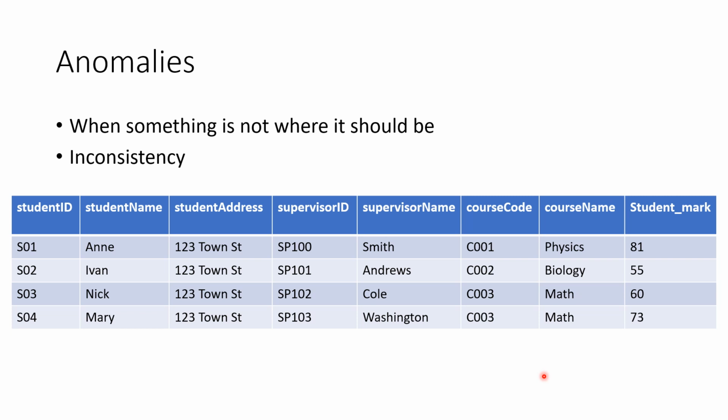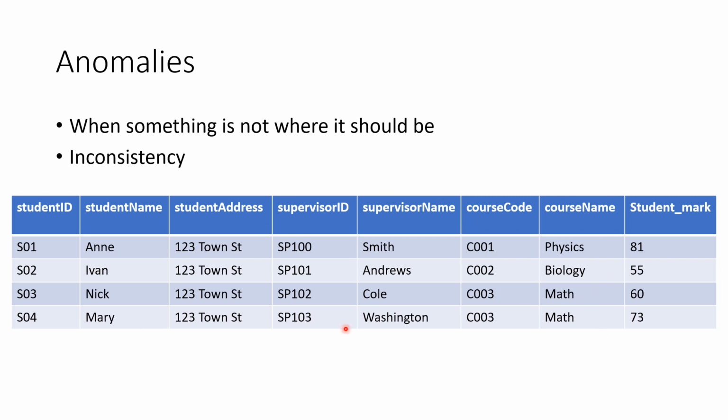And then moving on to an insertion anomaly, we're still going to use the same table because it's just easier to explain. Assume you have this long list of database with thousands and thousands of records. An insertion anomaly is when attributes cannot be inserted into the database without inserting other attributes.